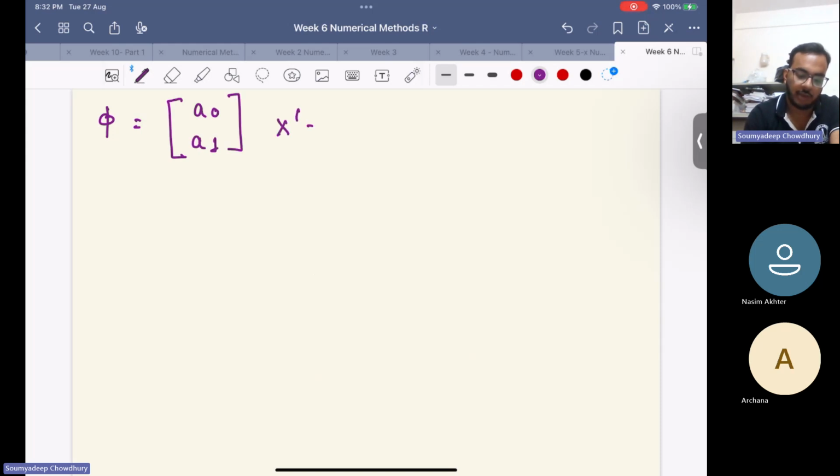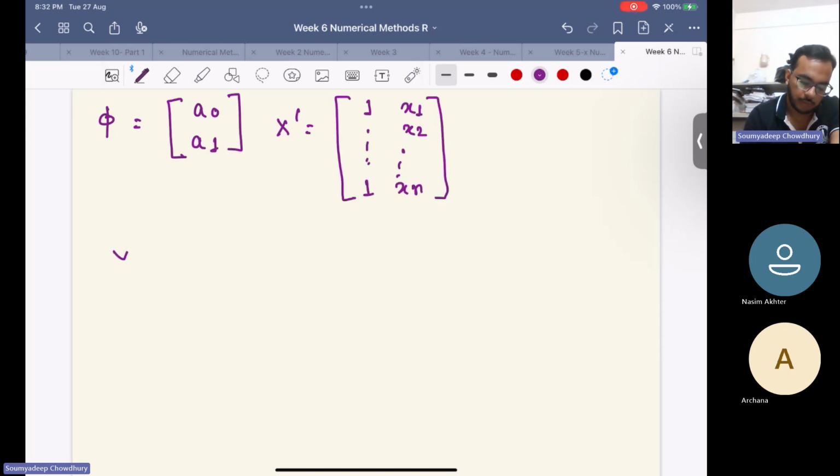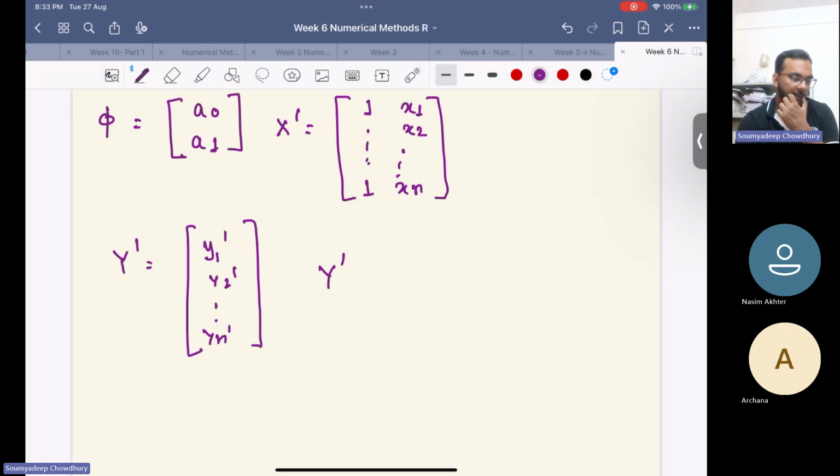I'll write the matrices once more here: the X matrix, and the y matrix which is y1 dash, y2 dash, dot dot dot to yn dash.